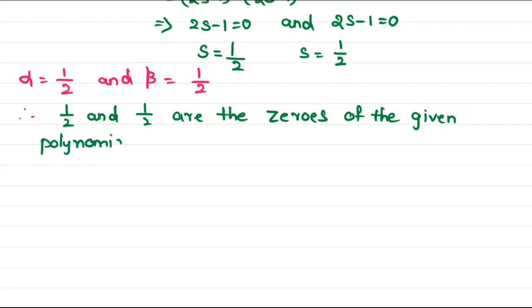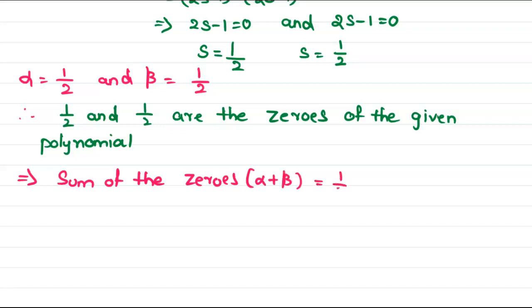Now we have to find the relation between the zeros. First, the sum of the zeros: alpha plus beta is equal to 1 by 2 plus 1 by 2, which is equal to 1. And now the product of the zeros.